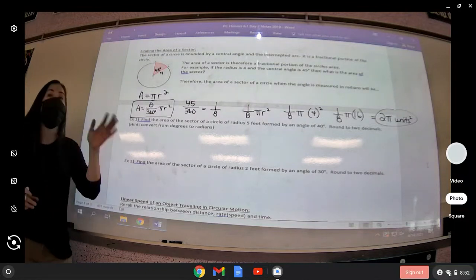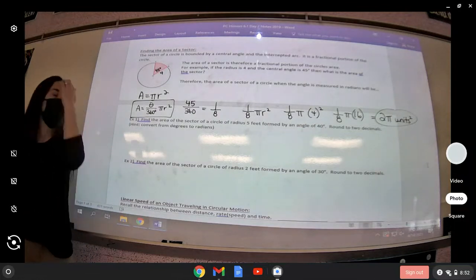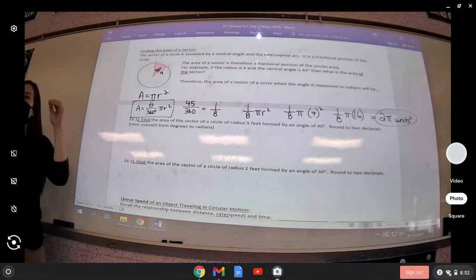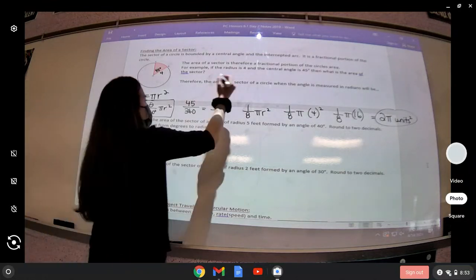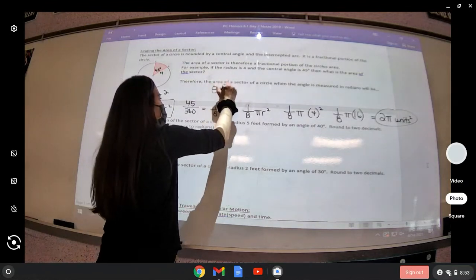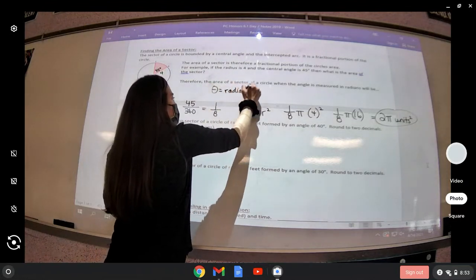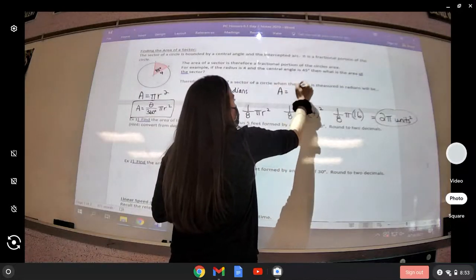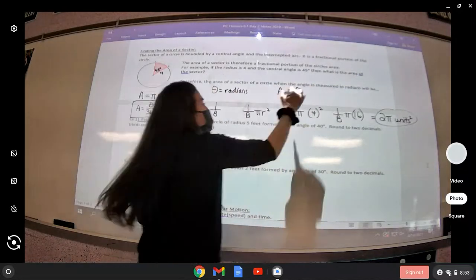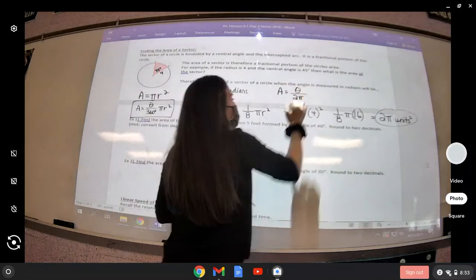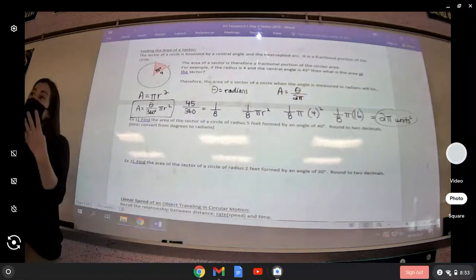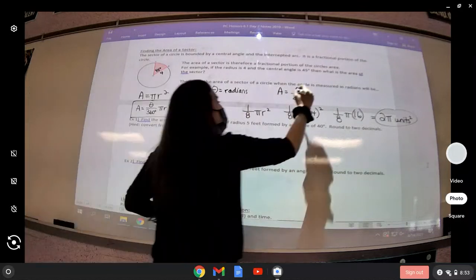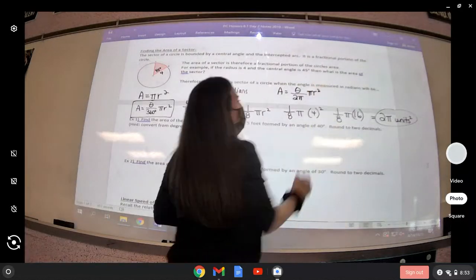Now, if your angle is measured in radians, the book will argue that it's easier to find the area because the formula gets simplified. So guys, if your angle was in radians, then it's going to be theta radians out of 2 pi radians, that's the fractional portion of the circle you'll have, times pi r squared.